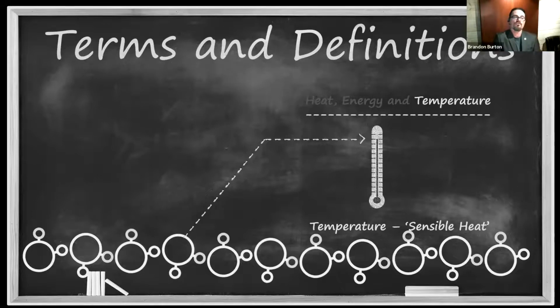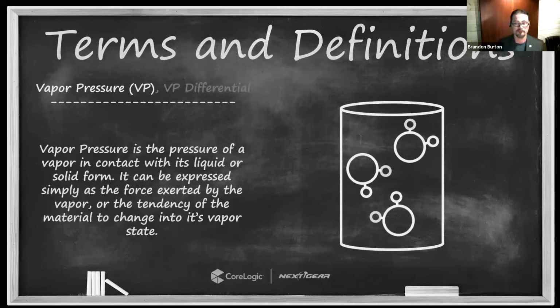That's what temperature is: an increase in vibration, an increase in movement. The warmer that material is, the greater the vibration and the greater the movement. And the greater the movement, the more tendency there is for molecules to break free and become a vapor and evaporate. Now, increasing that movement is not only an increase in temperature, but in a sealed environment, it's also an increase in pressure. And this is where vapor pressure comes into play.